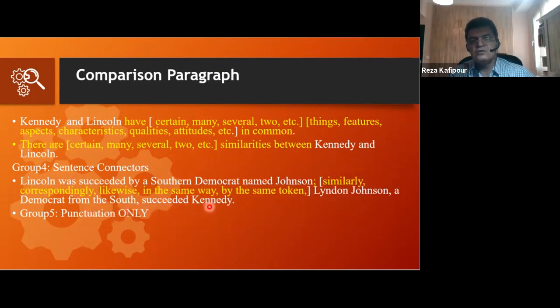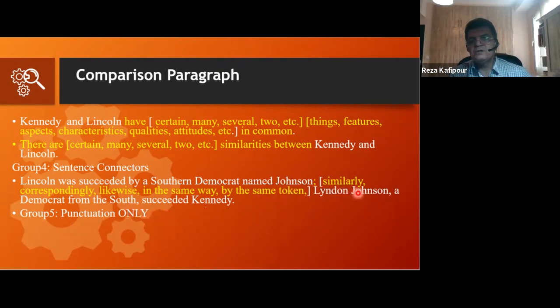In order not to use the exact words of the first sentence, we change "a Southern Democrat" to "a Democrat from the South." So we are playing with the words in order to avoid repetition in the structure of the sentences.